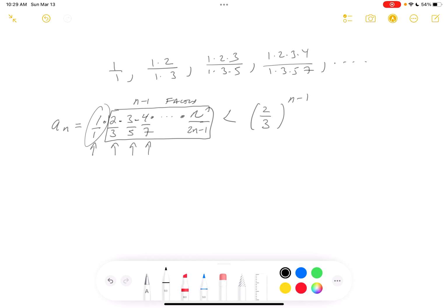Let me go through that. This is definitely 2/3. This is 3/5. I want to make sure it's smaller than 2/3. Yeah, and every one is going to work that way. If you did the next one, 4/7, it's smaller than 2/3.